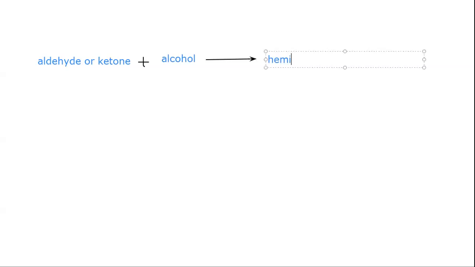You will form hemiacetal. As I told you guys, this hemiacetal is unstable. So what it does is it combines with another molecule of alcohol.